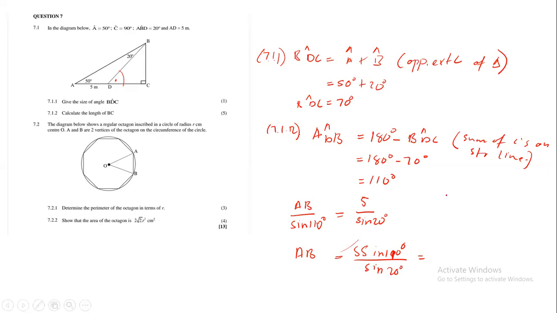When I punch this on my calculator, I'm going to say fraction 5 sine 110 degrees over sine 20 degrees. Make sure that your calculator is in degrees, not radians. Our answer to 2 decimal places will be 13,74 meters, because we use meters as our units.